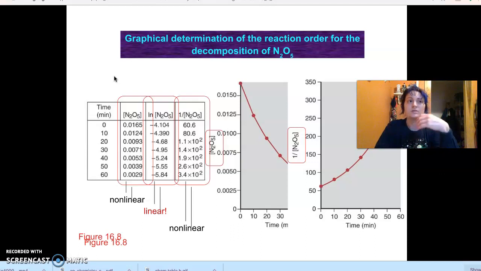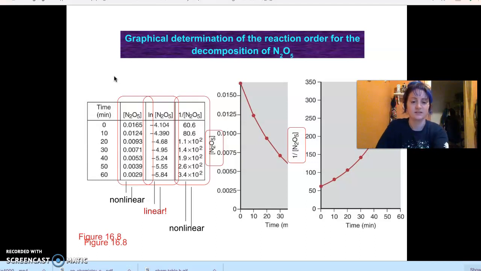Remember that the most accurate rates for reactions are determined at that initial moment, because as we know, the rate will slow down as the reaction proceeds, as you run out of reactants and start producing more product. So we use integrated rate laws when you don't have initial reaction data.